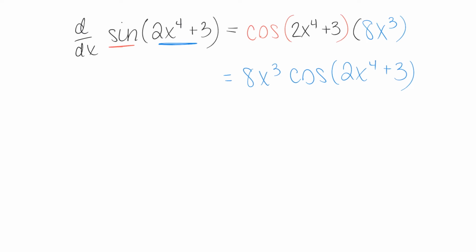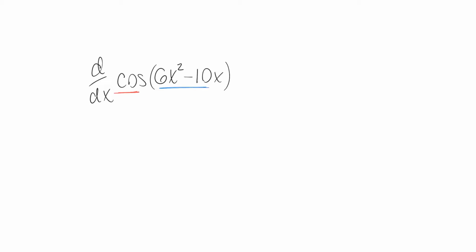Okay, let's try another one. The derivative of cosine 6x squared minus 10x. Again, cosine is our outside function, 6x squared minus 10x is our inside function.